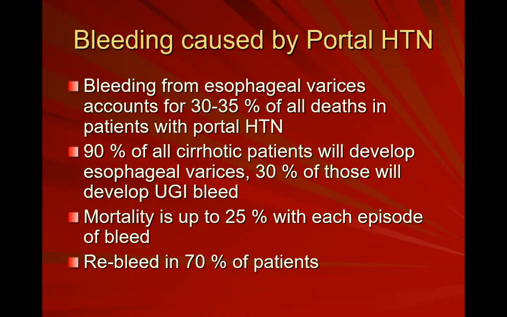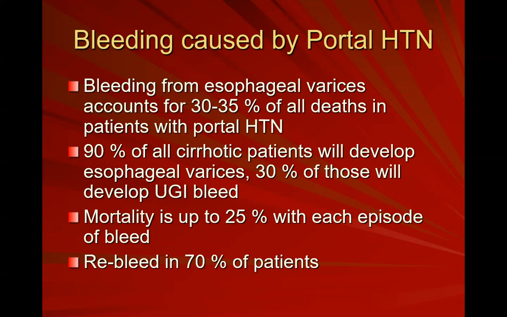This is, again, more details about the bleeding from the portal hypertension. So mostly it would be from the esophageal varices, and it would account for 30% of cases, okay? And also, as you can see over here, 90% of cirrhotic patients will develop esophageal varices, and 30% of those esophageal varices will develop upper GI bleeding.